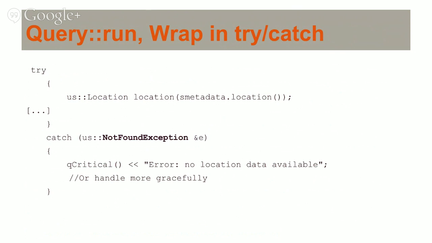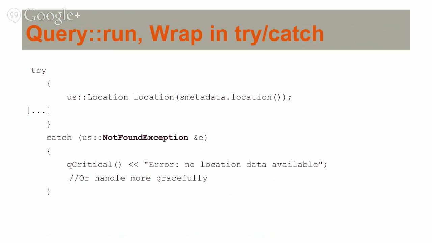Now I've removed a lot of the code with an ellipsis here. I'm just showing the TryCatch expression. So basically we're using the search metadata's location method to return a location object. We're trying to do that, and if that fails, then we're catching a not found exception.